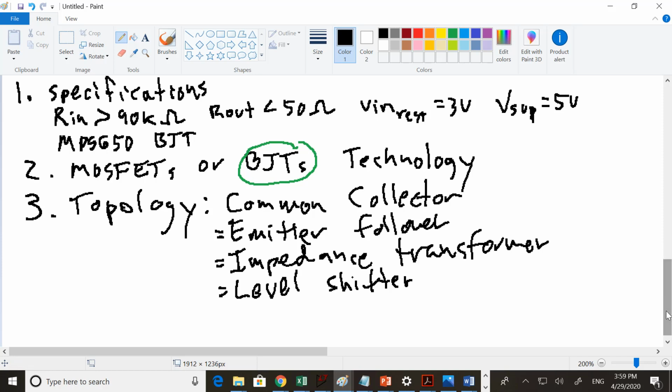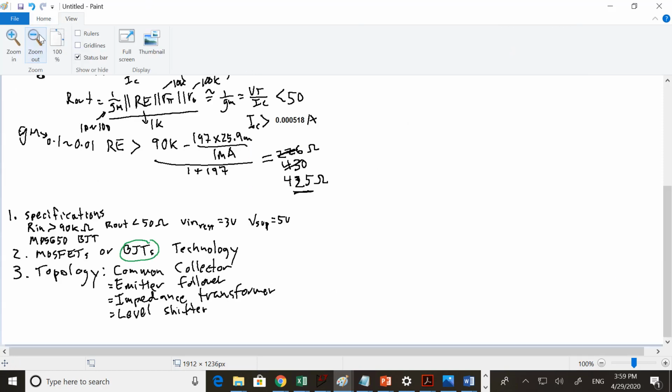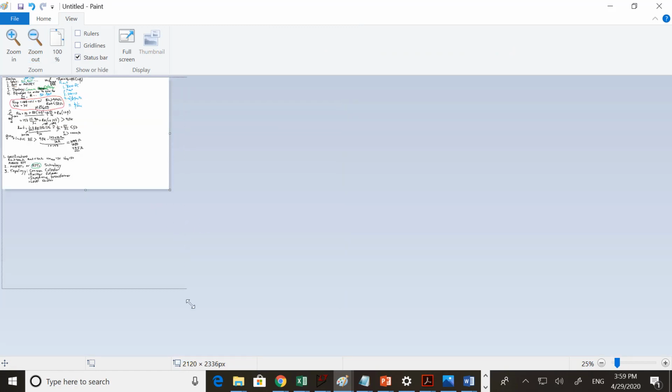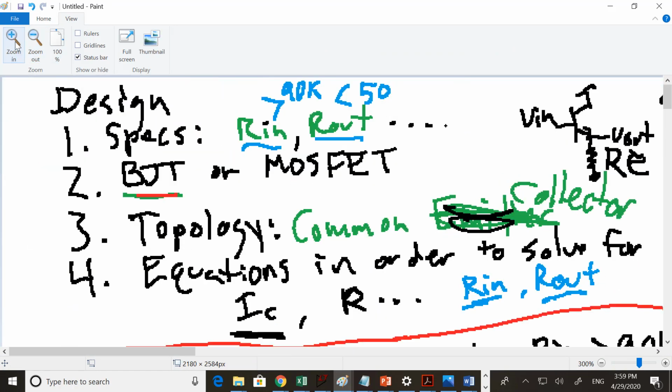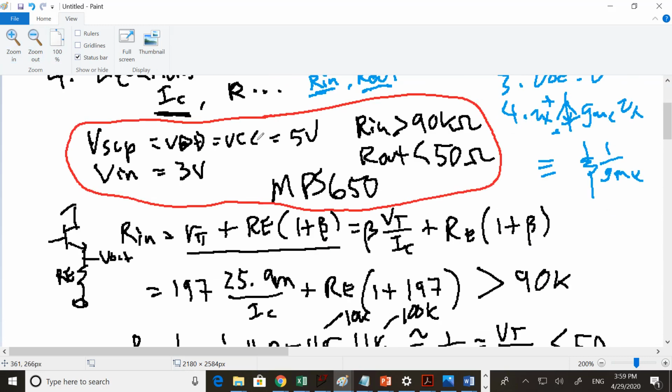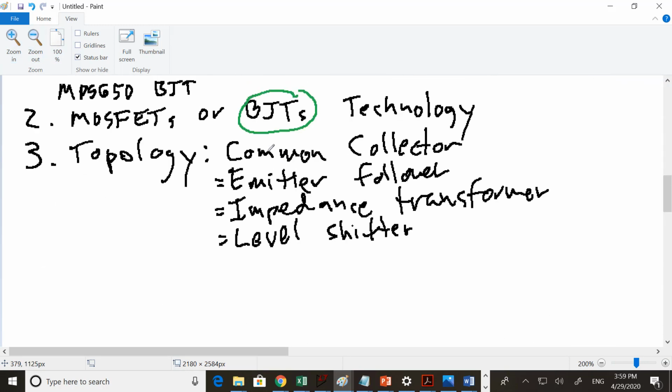So now we've got our topology. So next thing is to find equations.